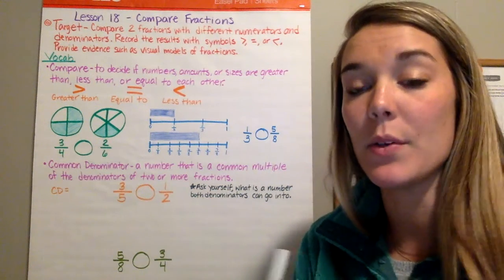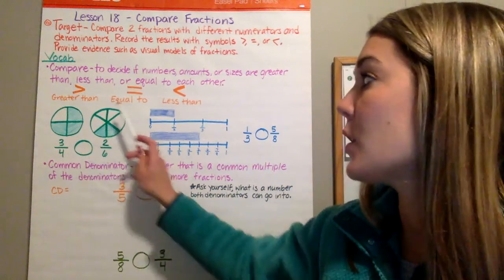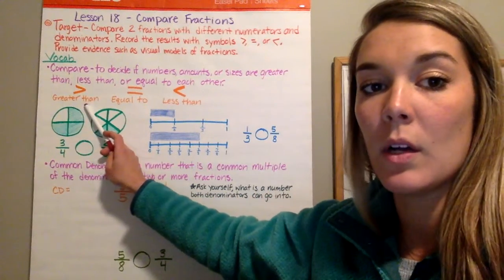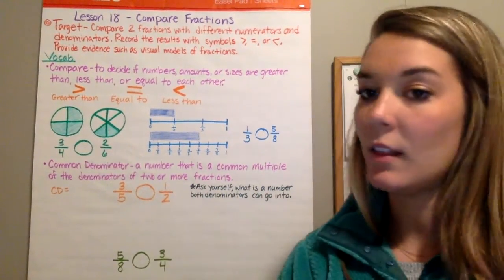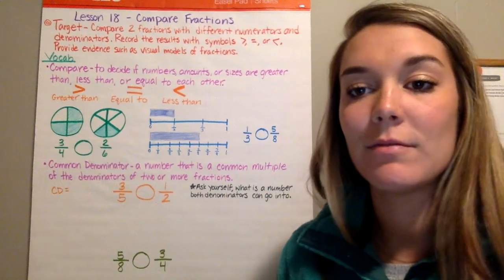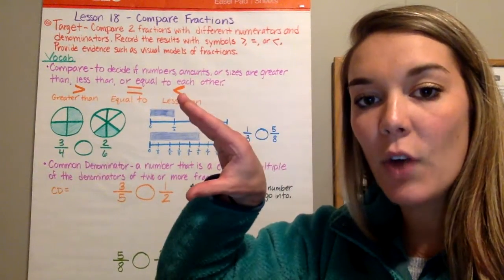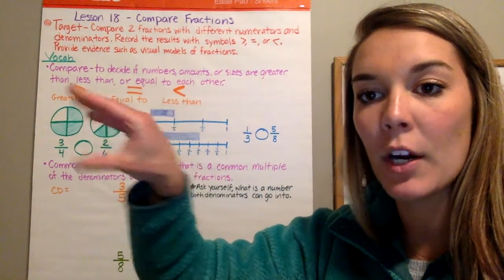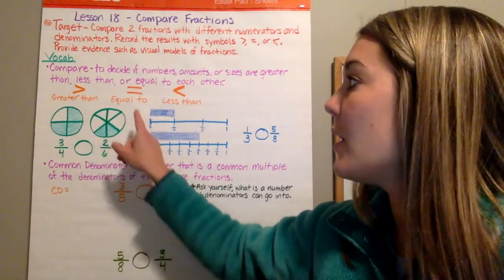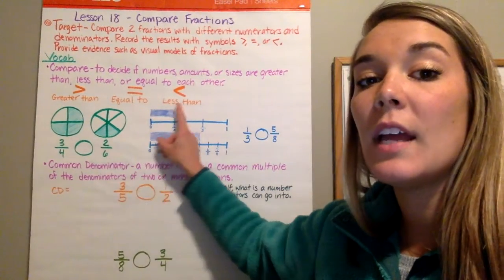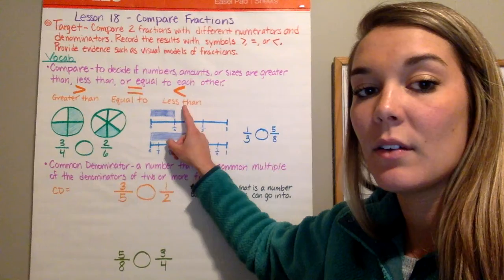So in those symbols, this is how we do them. So this is the greater than symbol. Remember, like the old-fashioned alligator, the greater than symbol is going to eat the bigger number, okay? Then you have equal to, and then you have less than, okay?